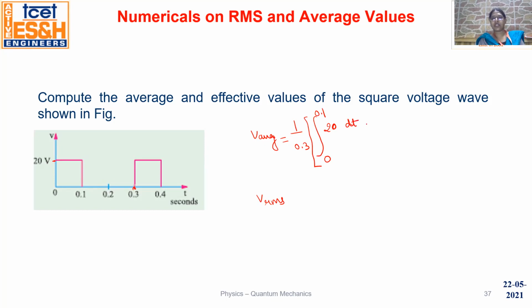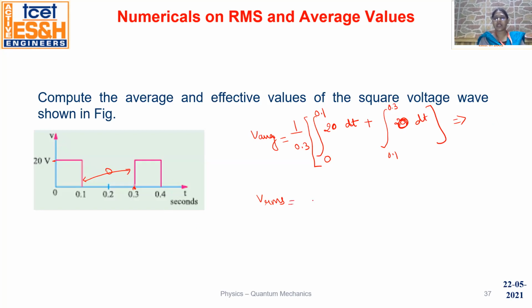So 20 dt, plus the integration from 0.1 to 0.3, which is 0 because there is no waveform there, and dt. This is your average value, and I leave it for you to solve.